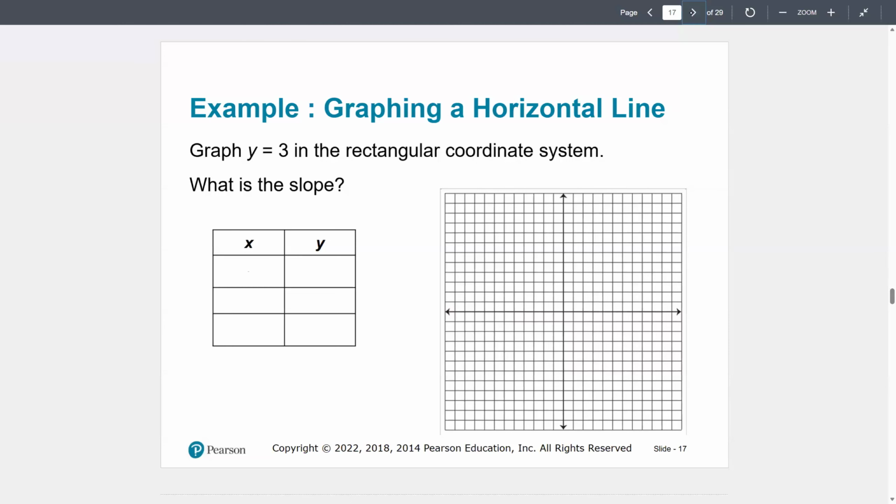So if y is 3, if x is 2, what's my only option for y? Well, y would have to be 3. If, say, x is -5, what option do I have for y? I only have one choice for y, which is y will have to be 3.